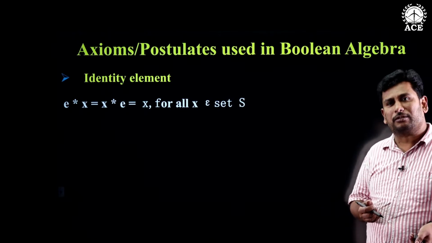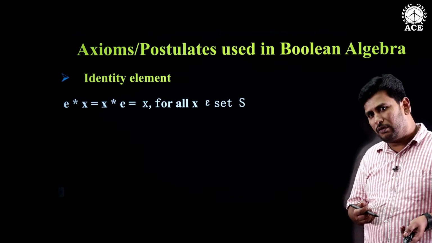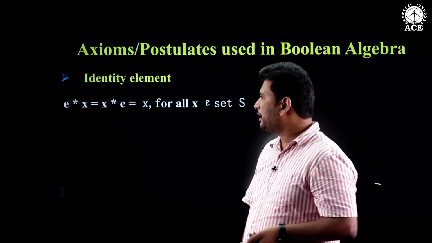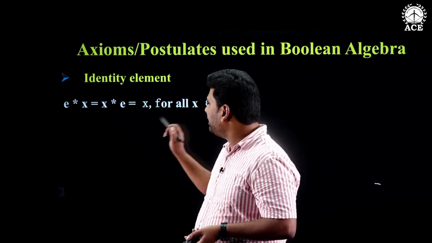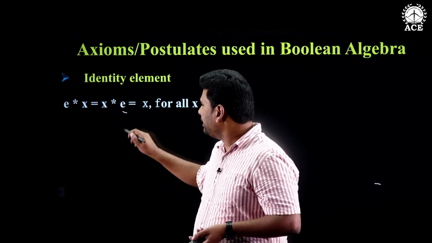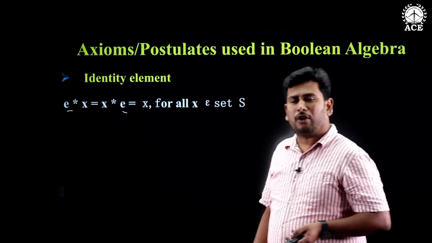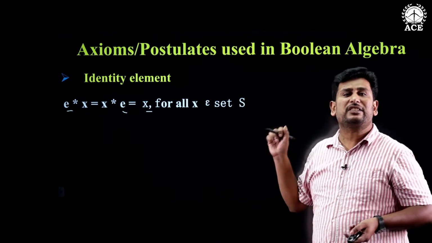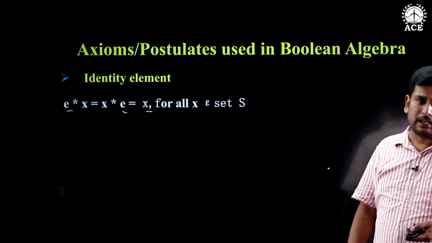So what is the dash value? Simple, it is 1. Similarly, in Boolean algebra, you have a variable X and you have an element called E. When you multiply E with X or X with E, it again results in X. Then E is called the identity element.